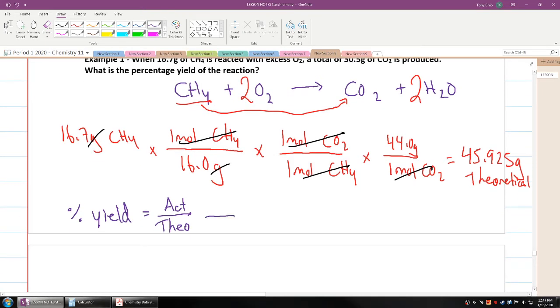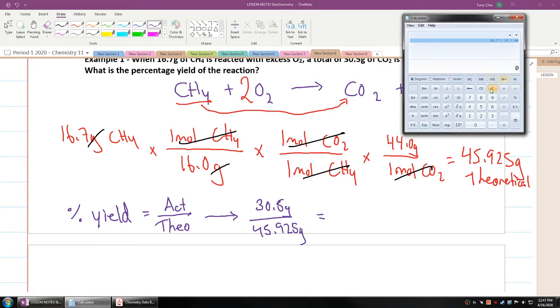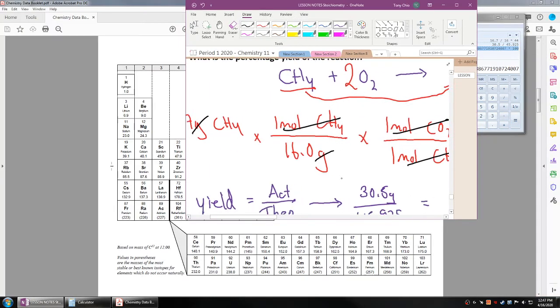So this will mean that you have 30.5 grams divided by 45.925 grams. What is that percentage? Well, 30.5 divided by 45.925, times 100%, is going to give you around 66.4%.